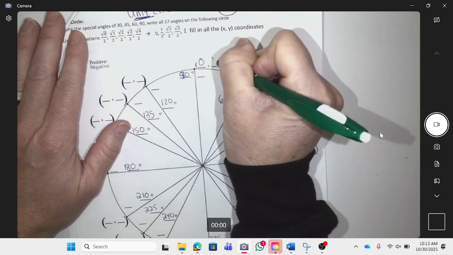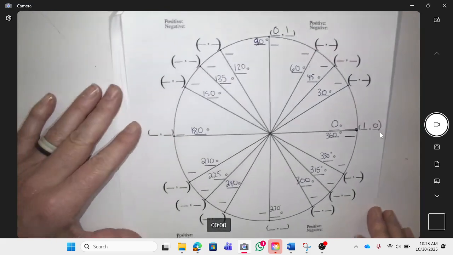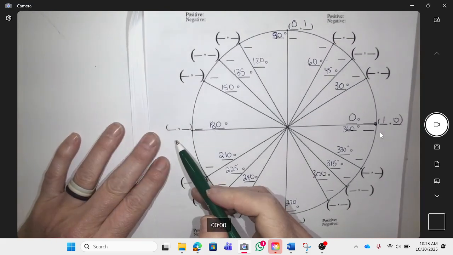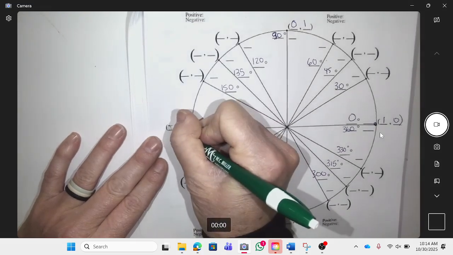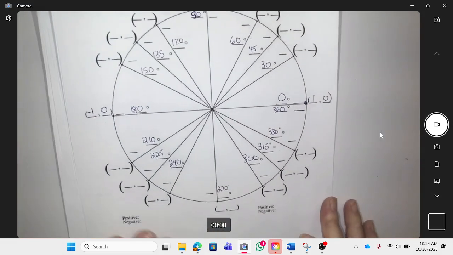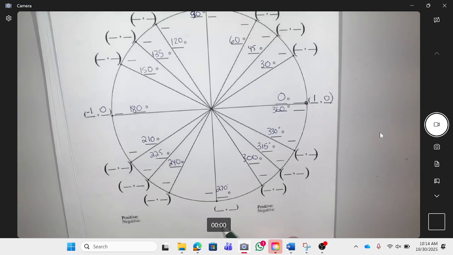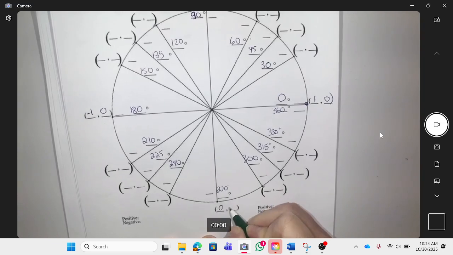Should you write 0, 1? Does that make sense? Yeah. To the left, if I'm left a unit, then I'm -1, 0. And at the bottom, if I'm down a unit, the coordinate is 0, -1.